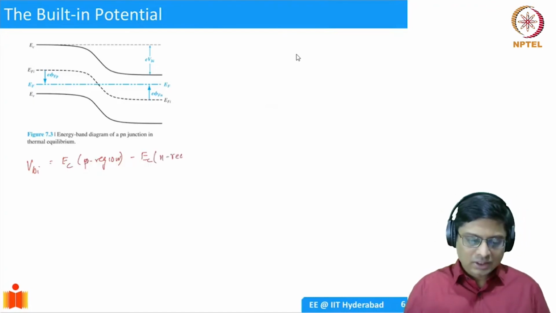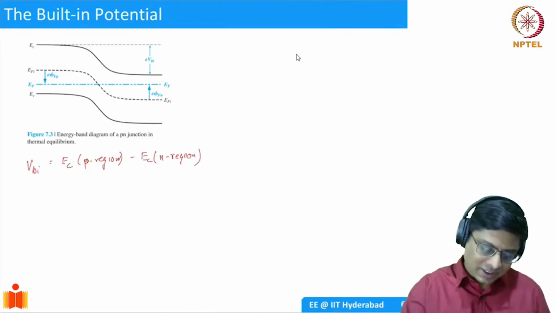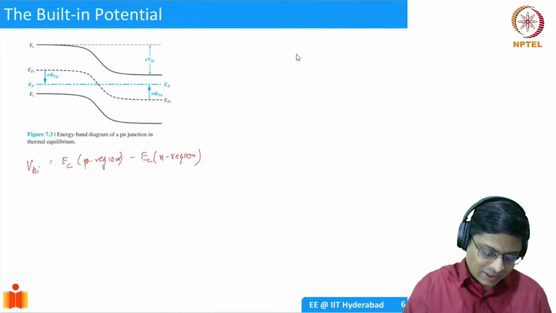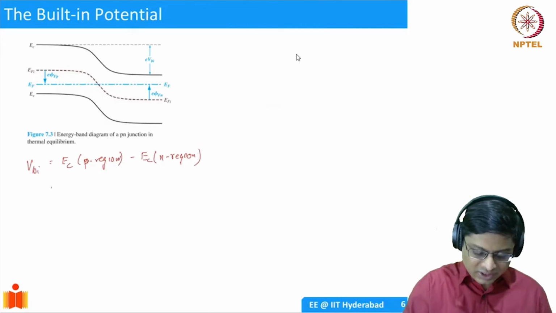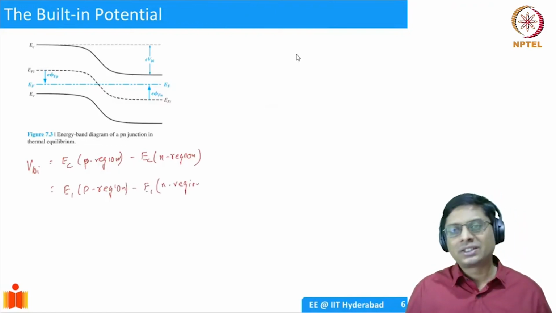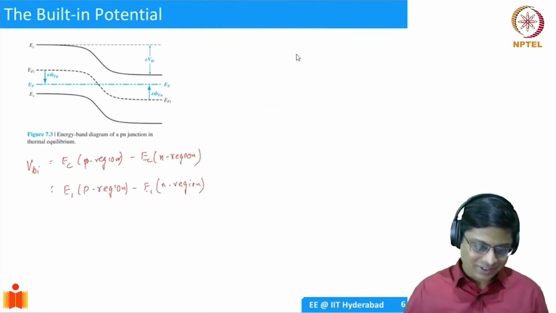If you want to calculate that, you could also write it as simply the difference in EI. Because EI is parallel to EC, I can simply write EI in the P region minus EI in the N region. I need to use something as a reference, and that reference is going to be my Fermi level. So I'll add and subtract the Fermi level.